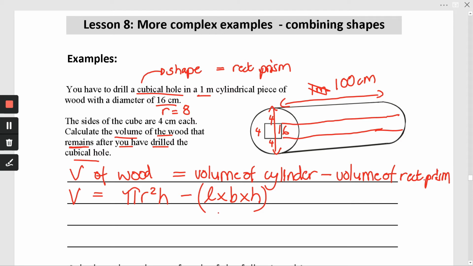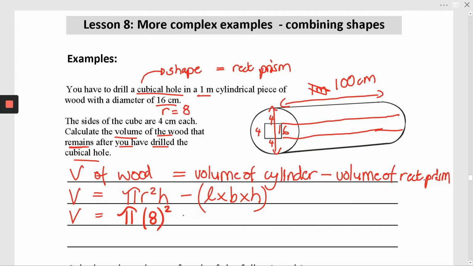The trick is going to be in figuring out what my different numbers are. So here I've got pi, and I knew I was going to use r and not diameter. So it's going to be pi times 8 squared, and then the height, this thing is lying on its side, so you'd be forgiven for thinking that the height was that 16, but it's not. Remember that the height is going to be the distance from the one circle to the other.